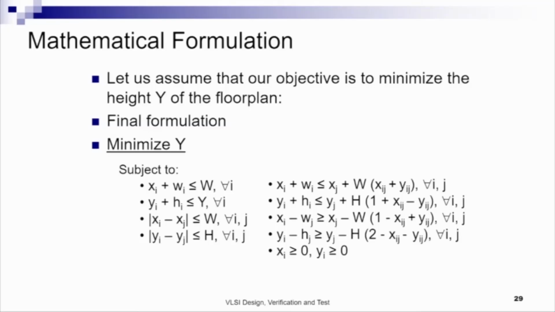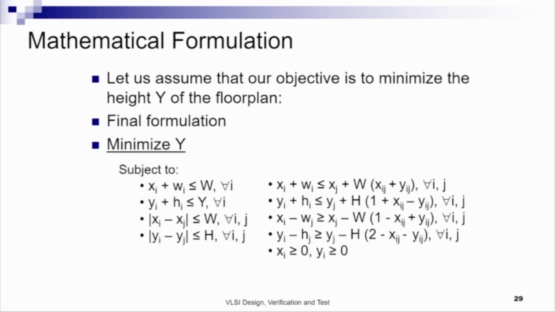With this understanding, we come to the mathematical formulation of the ILP for floor planning. Let us assume that our objective is to minimize the height y of the floor plan. So, what will be the final formulation then? We have to minimize y, the height of the floor plan, subject to xi plus wi less than or equal to capital W. So, where can W be placed farthest on the right of the chip?